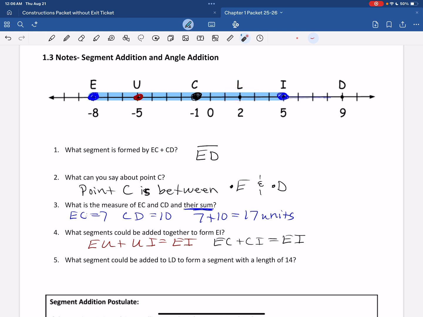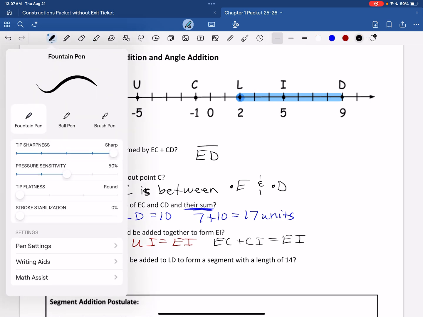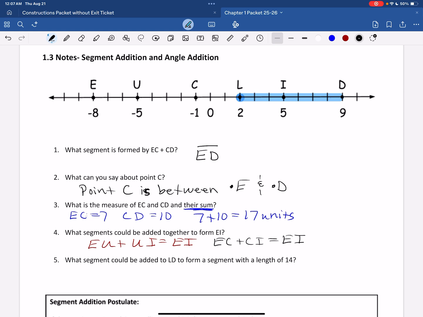Okay, and then last question, let me erase that, is what segment could be added to LD? So here is segment LD to form a segment with a length of 14. So right now this is 1, 2, 3, 4, 5, 6, 7.